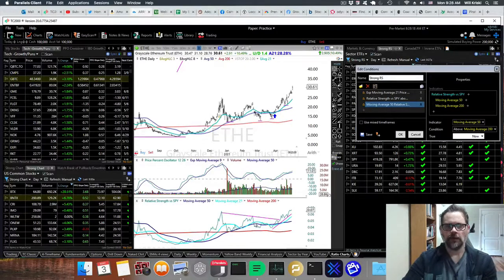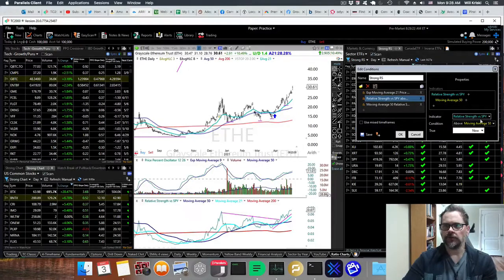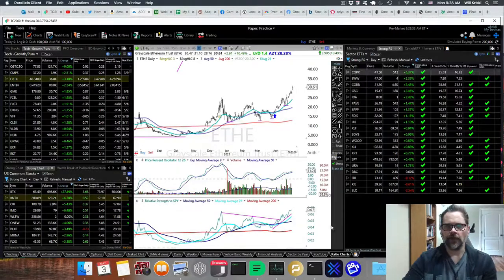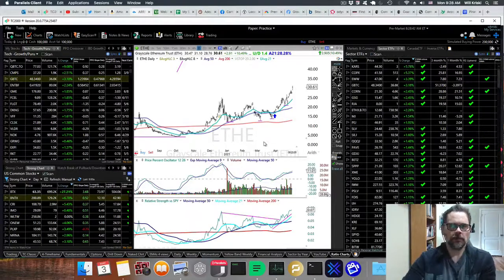So if you want to get just things that have the 50 above the 200, the relative strength should be above the 50, like this actual line of relative strength. Sometimes it dips below. And then the 21 above the 50. So that's basically in the right order. This would be the strongest possible setup.